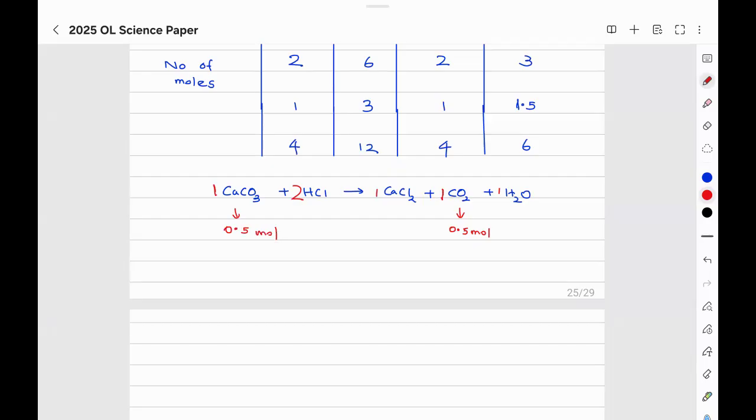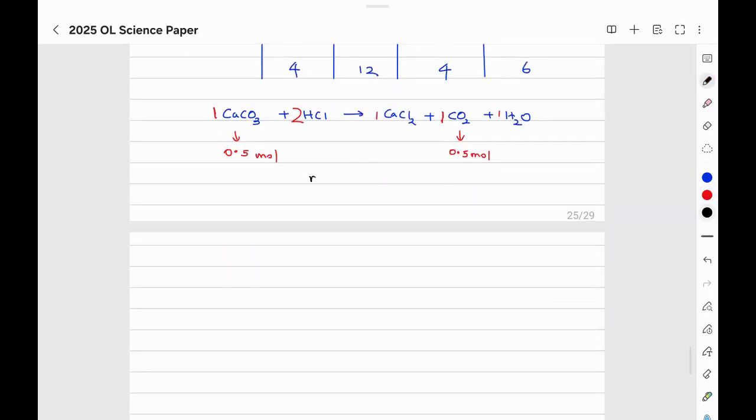Then use the equation: number of moles equals mass divided by the molar mass. Here calcium carbonate number of moles will be 0.5. Now you have to find out the molar mass of calcium carbonate.